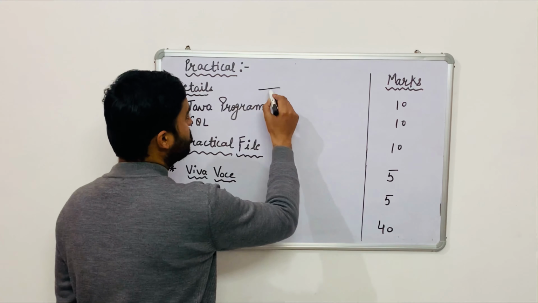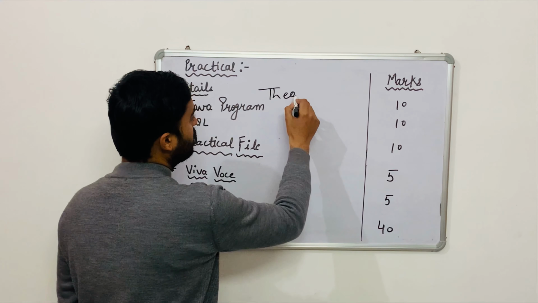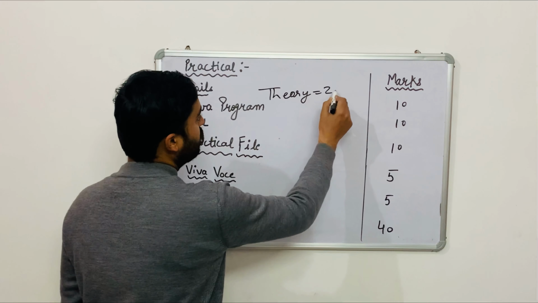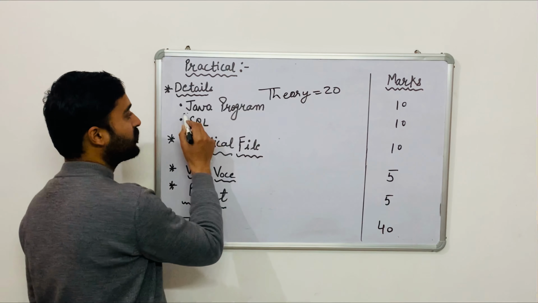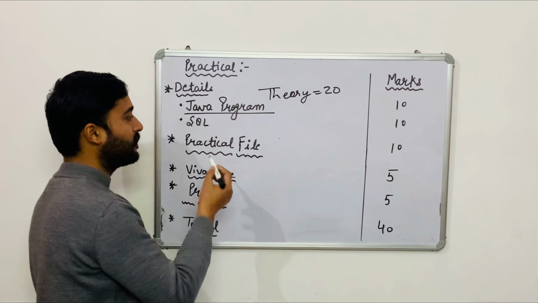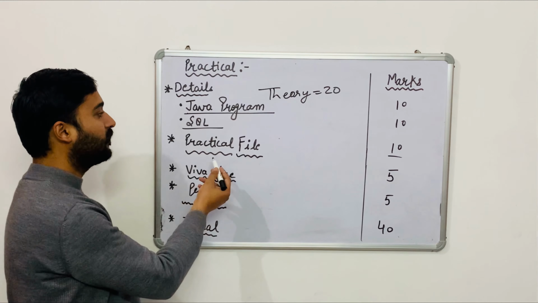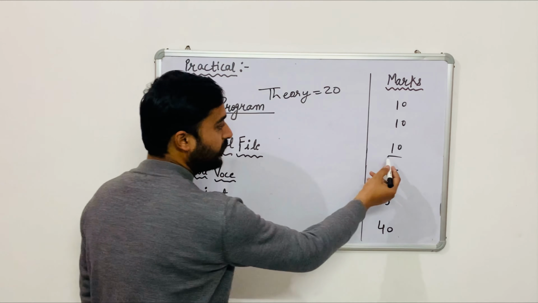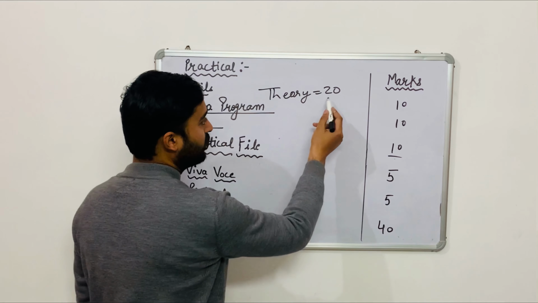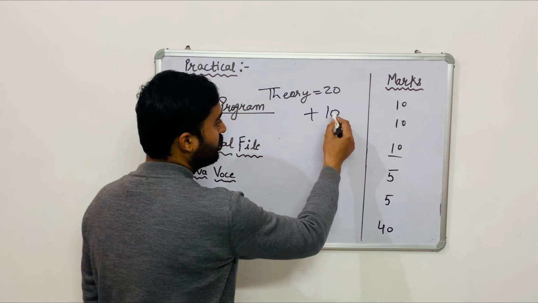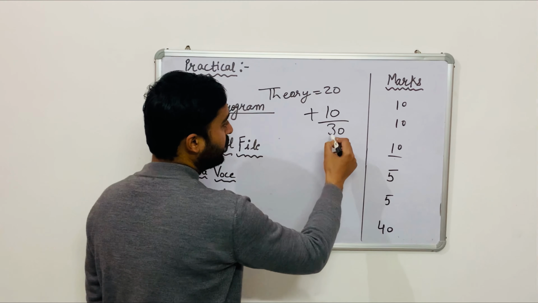So we can say the theory portion is of 20 marks because 10 marks questions are coming from Java programs and 10 marks questions are coming from SQL. The practical file which you have made is of 10 marks, so we can say plus 10, so it will become 30.